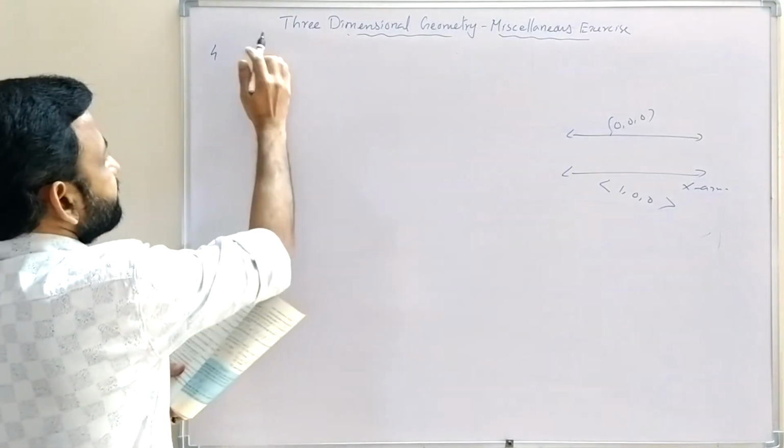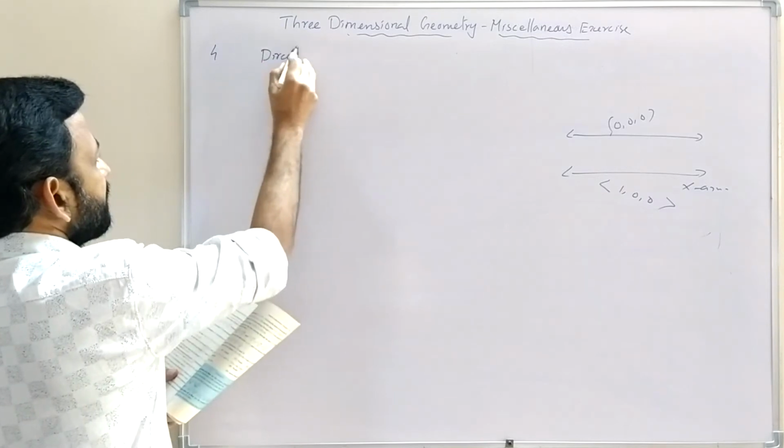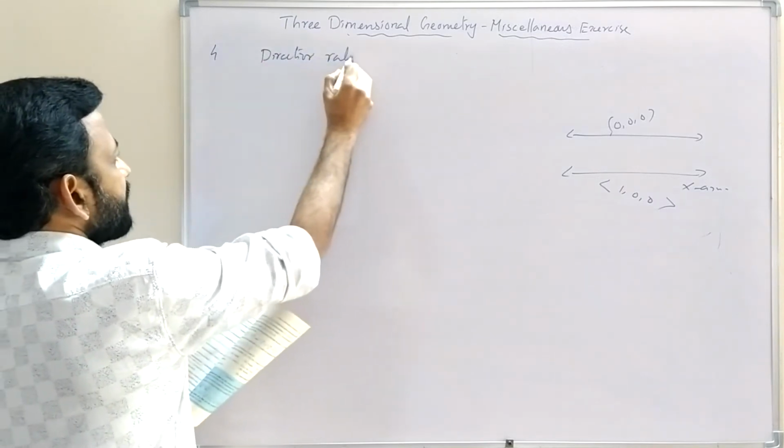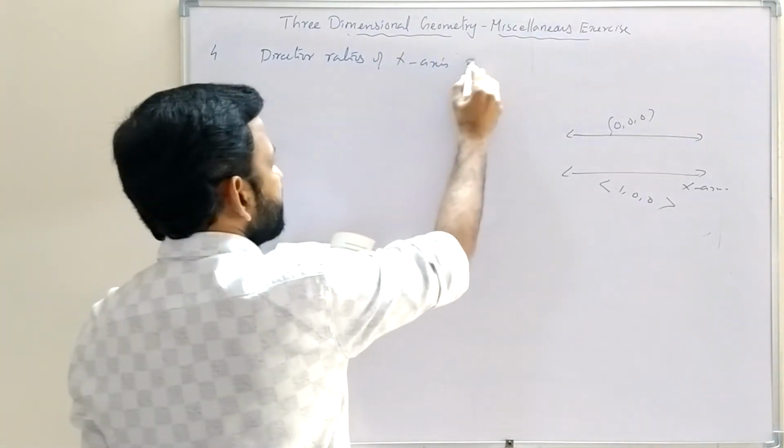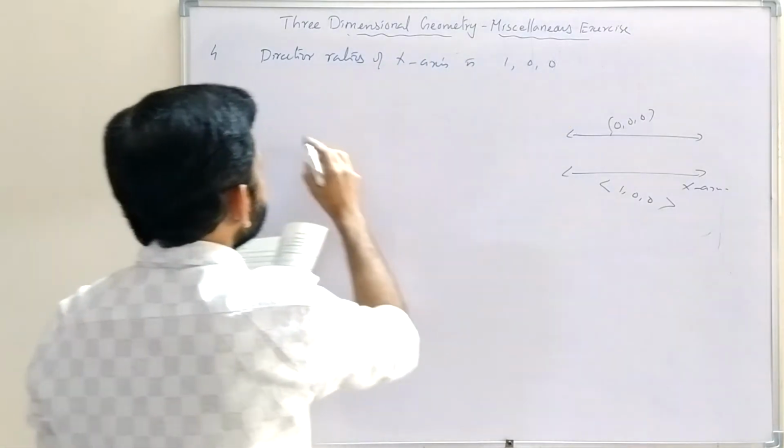So we will write: direction ratios of x-axis are 1, 0, 0.